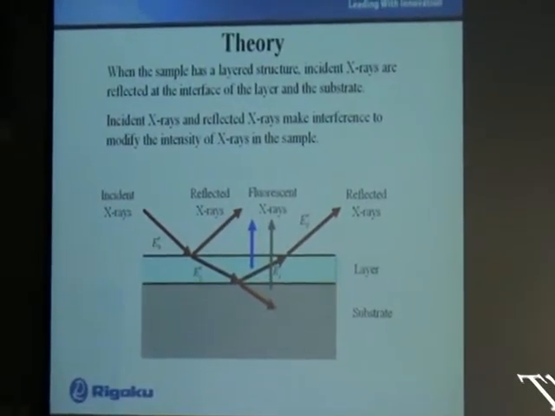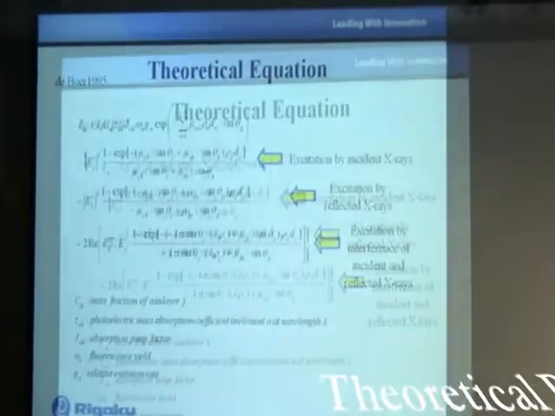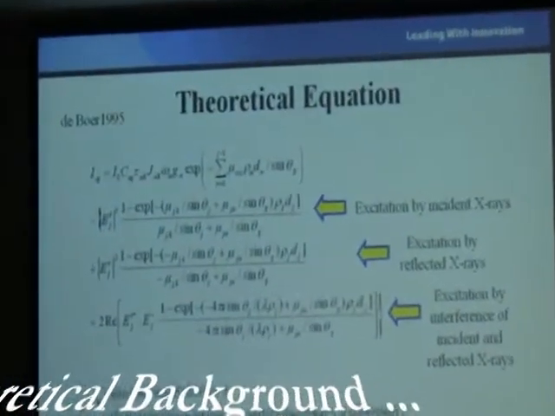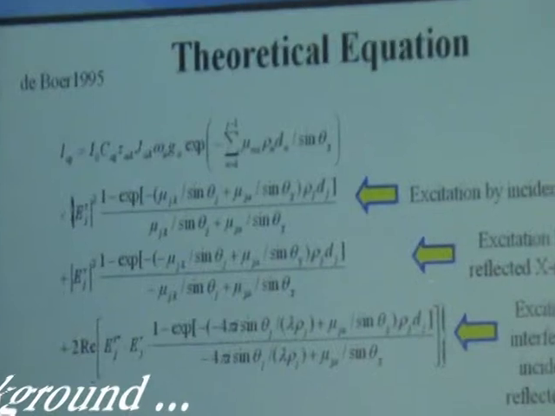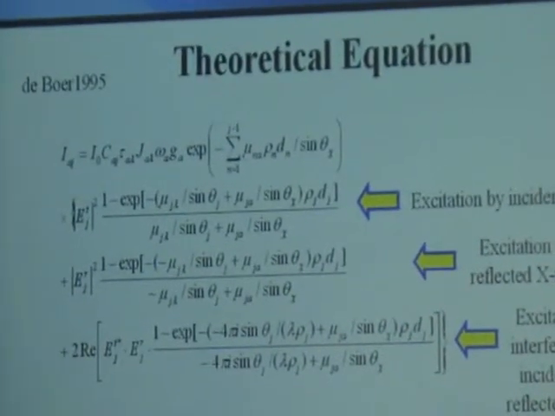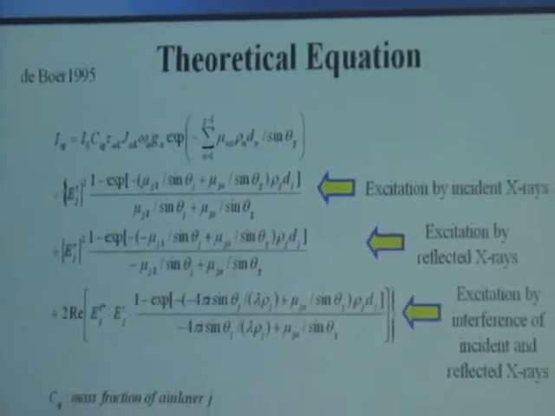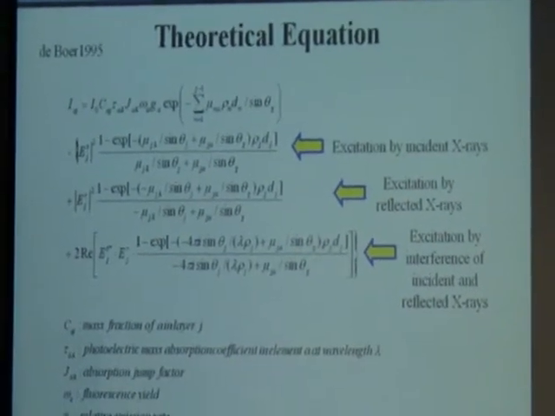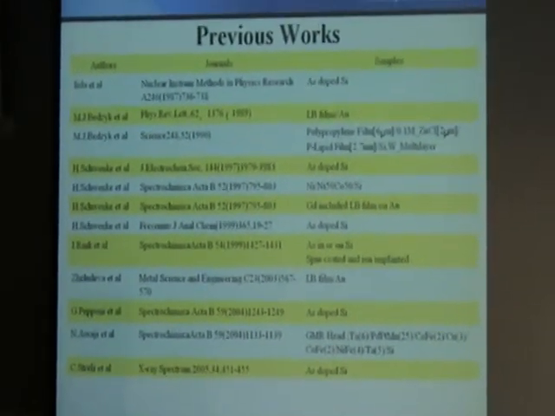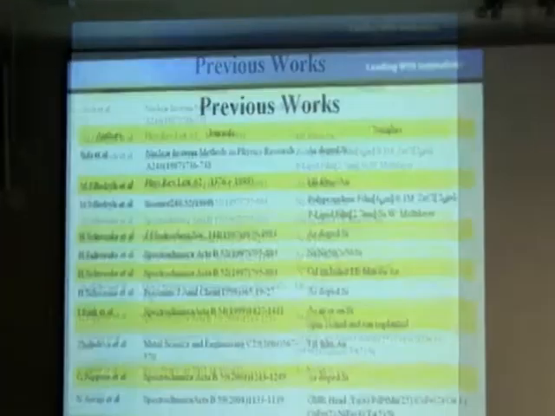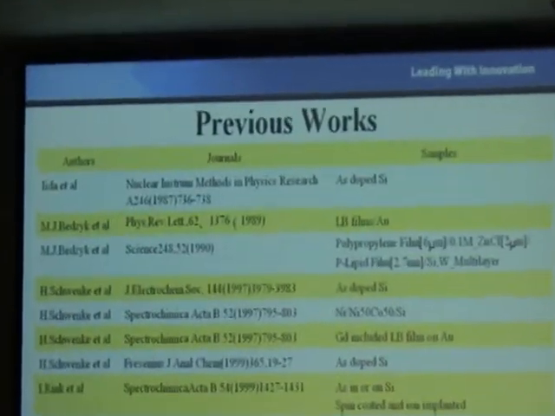We skip this one. The theory was developed by Göteborg, and we use the equation of Göteborg in the software. All the attendants can know this equation. Those are examples of the previous works, and those are part of the list.